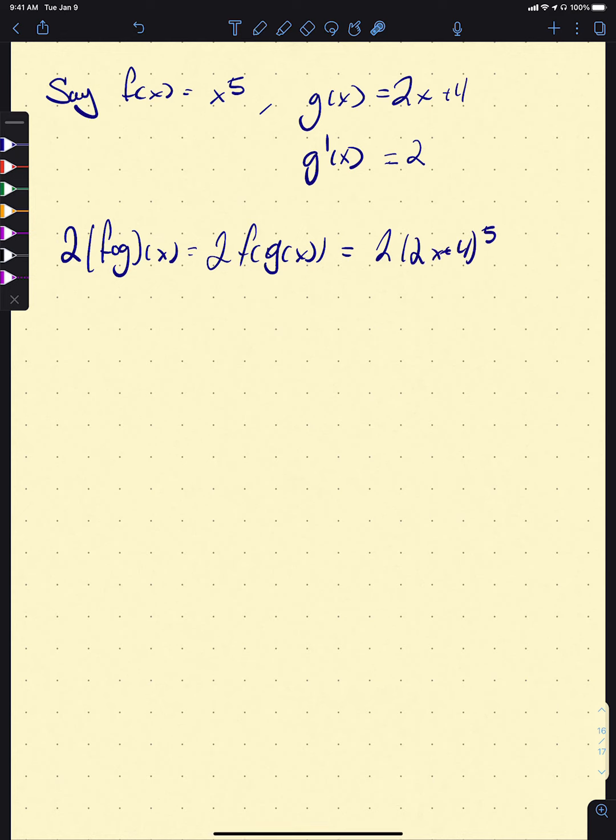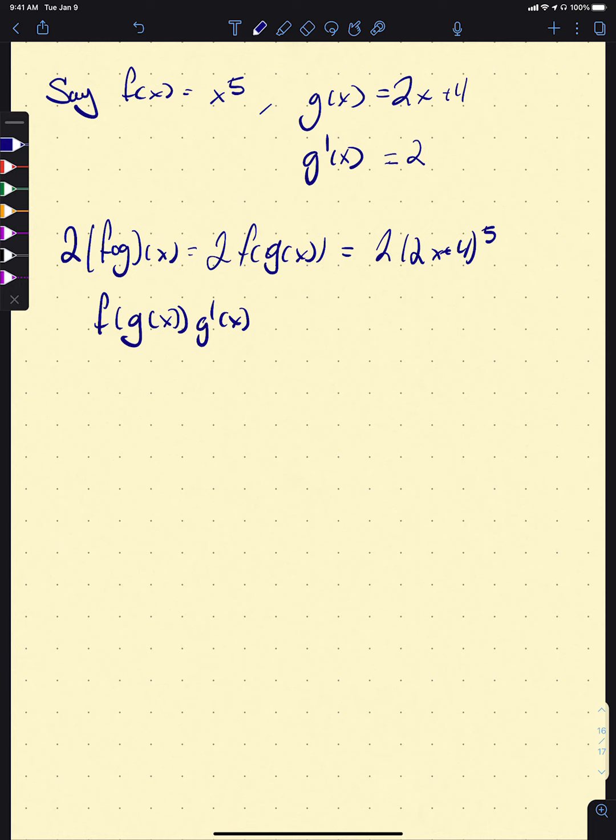But here's the thing to notice. This 2 is g prime of x. So f of g of x times g prime of x is the integrand of our equation.